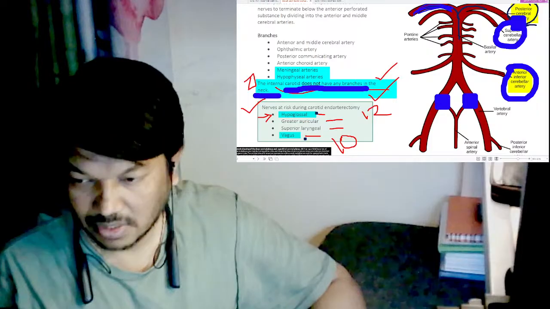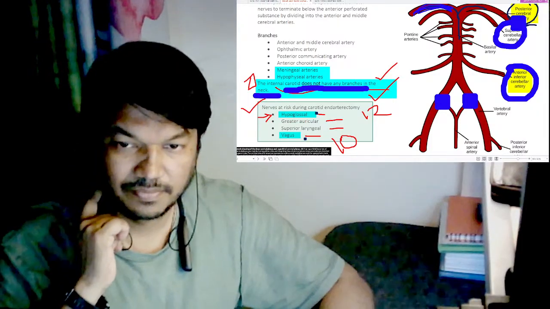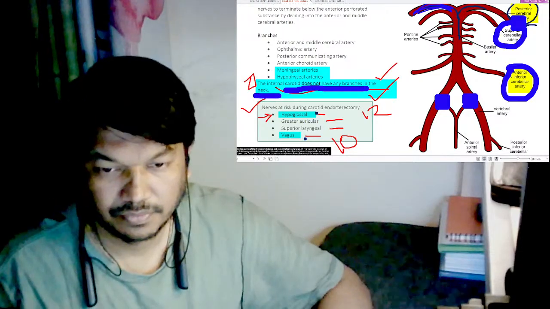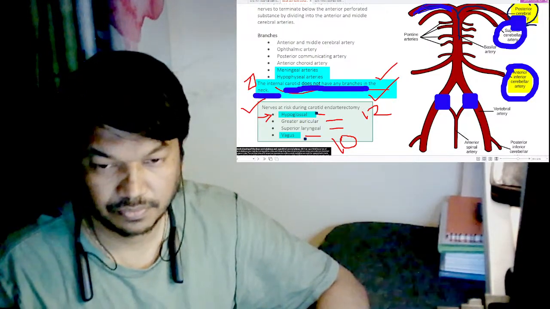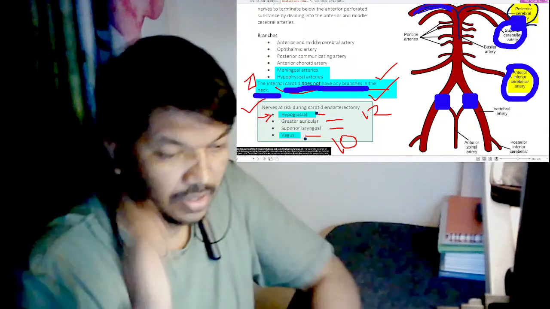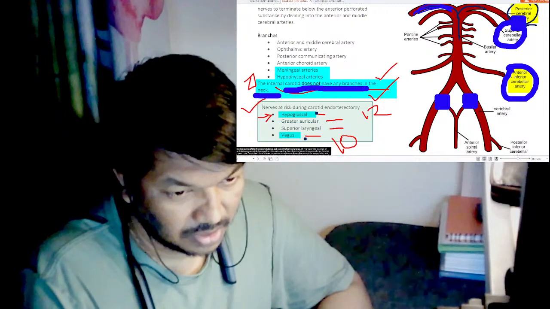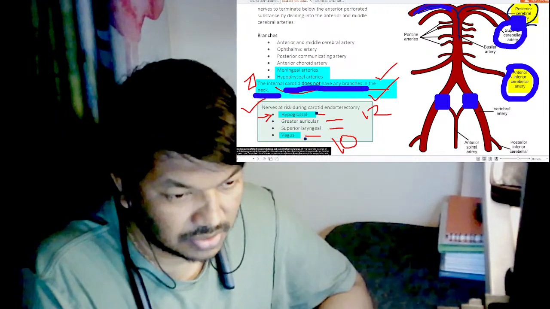They will not give any branch in the neck. The internal carotid artery does not have any branches in the neck.